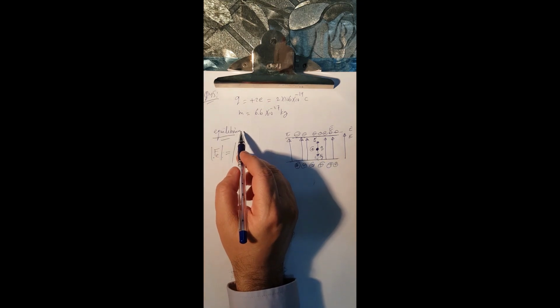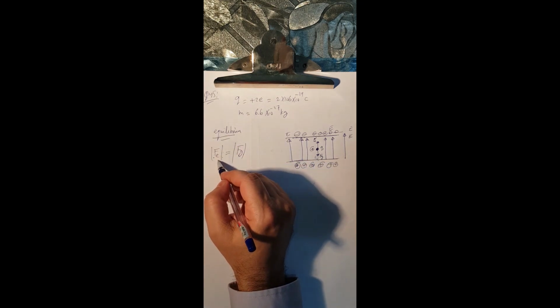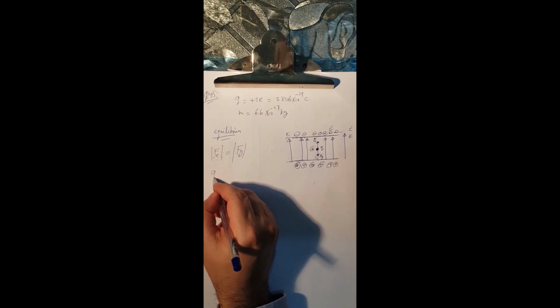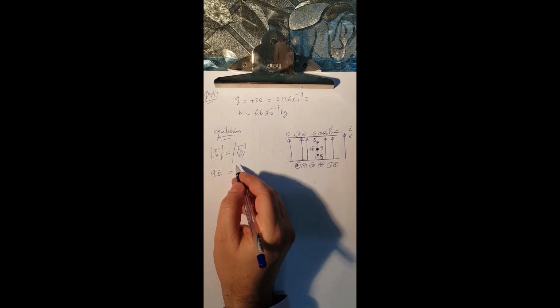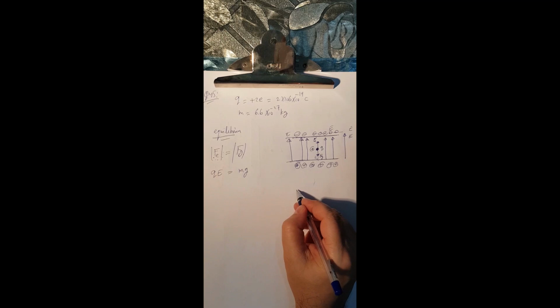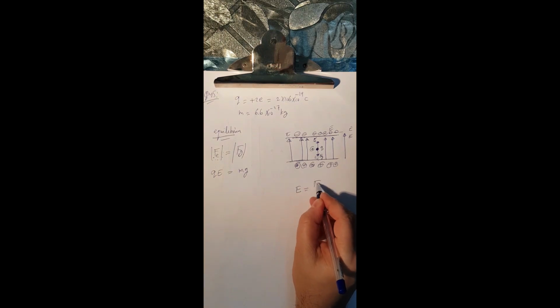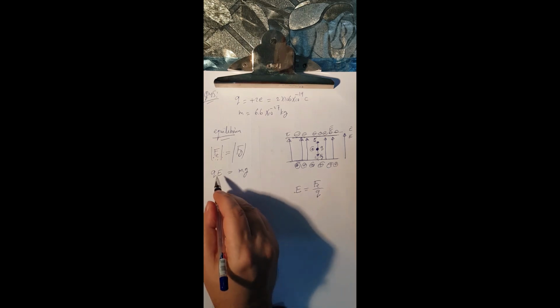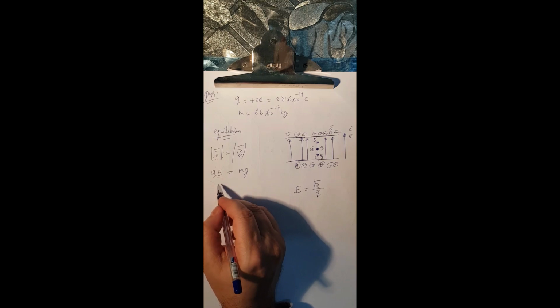If we know the electric field, we can replace it with the equation of electric field. So the electric force is equal to the charge multiplied by the electric field. Gravity force is mg. Don't forget, E equals F electric over charge. So Fe is charge times electric field. So this is my equation here.